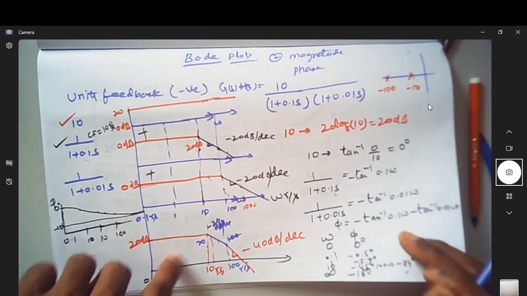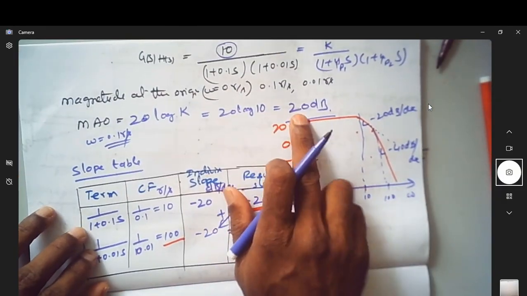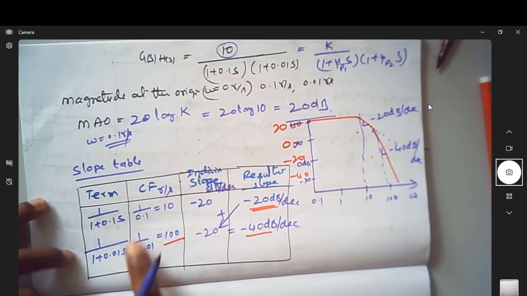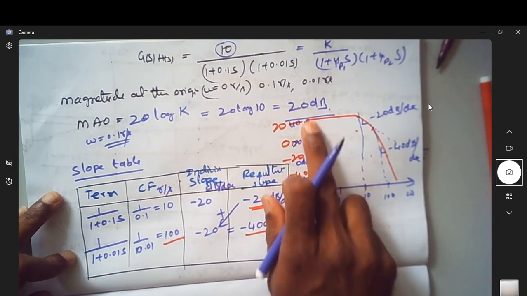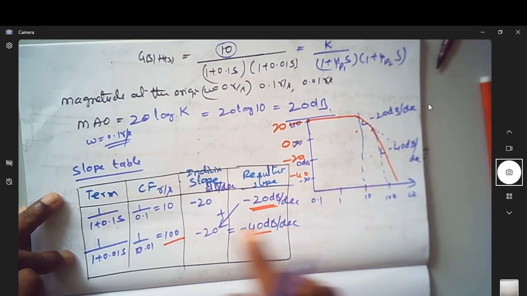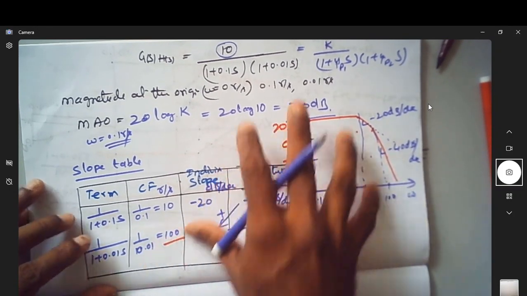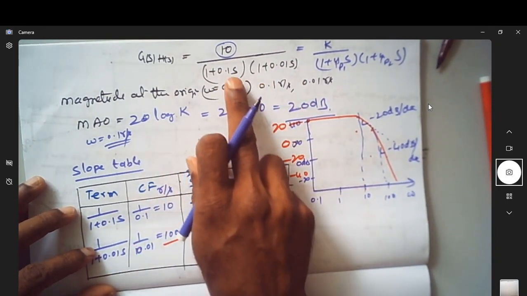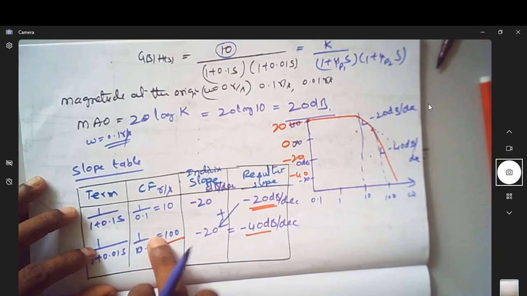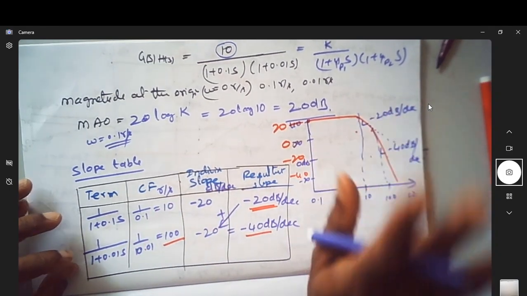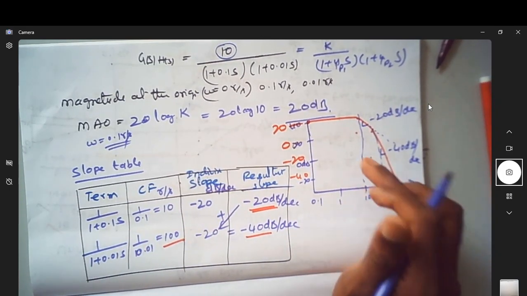So this can be totally eliminated if you have this magnitude at the origin and this slope table, which will give you the magnitude and the slopes, at what frequency what is the slope and what is the resultant slope, so that every individual term's slopes and cutoff frequencies are captured in the slope table, so that it becomes easy for drawing the magnitude plot.